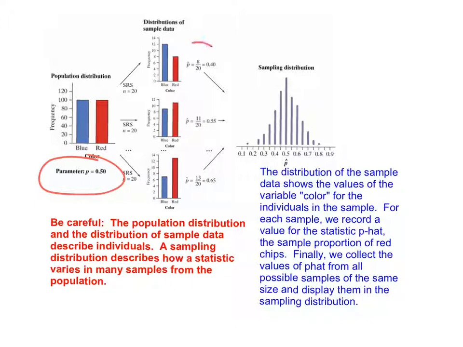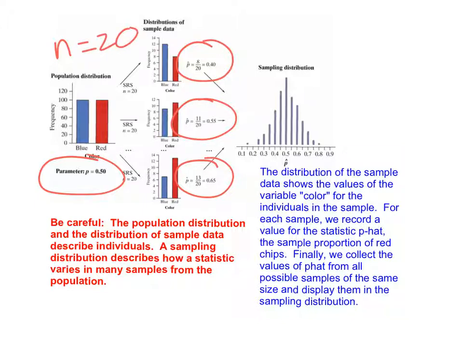Here's a value of p hat that was 0.4. Here p hat was 0.55. Here p hat was 0.65, right? The sample size that they are using for each one of those is 20. So those have 3 separate samples of 20. Each one of those turns into 1 dot on the dot plot.